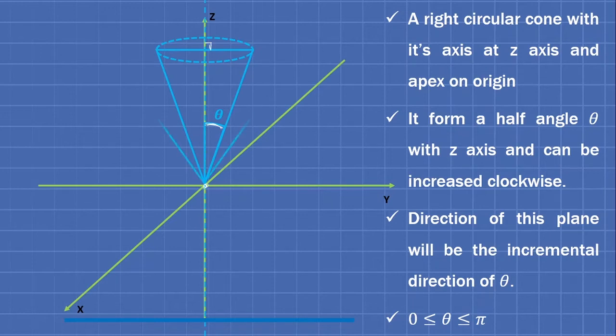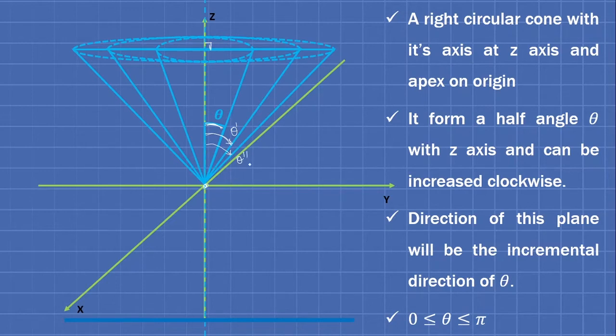Now we can also imagine another cone with an incremental value of theta, let us say theta prime or theta dash. If we keep on increasing the value of this half angle, then it will be theta double dash.